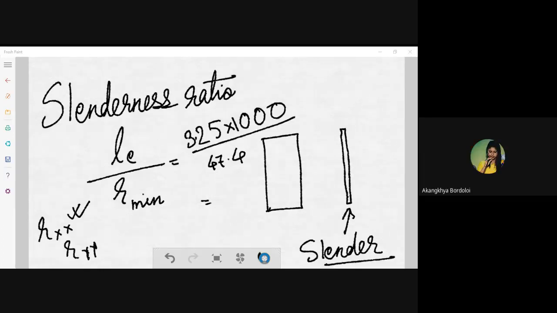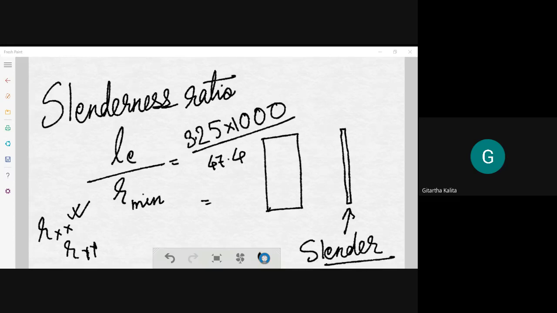So Rxx and Ryy we write from the previous table, no? Rxx and Ryy you will be writing from the new table, which is for the back-to-back angles, not from the table of the single angle, from the table of the back-to-back angles.